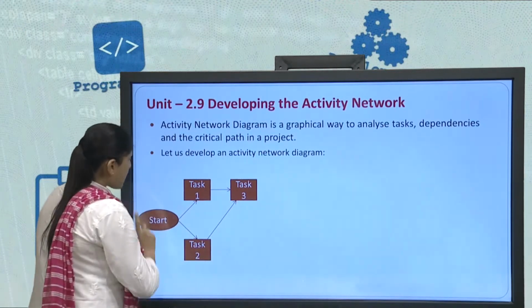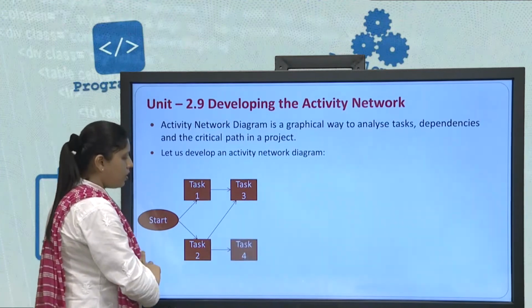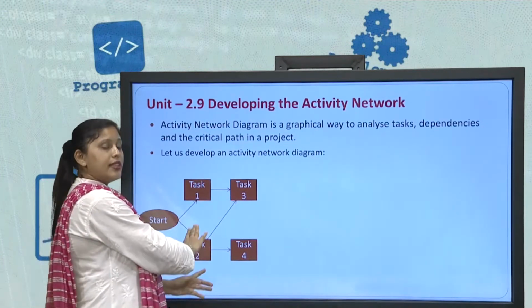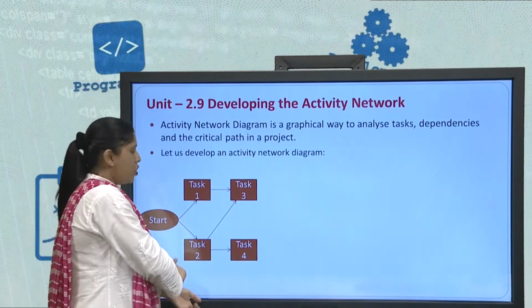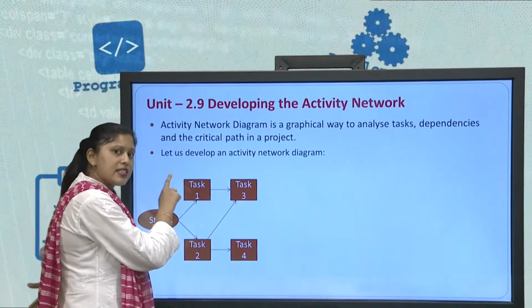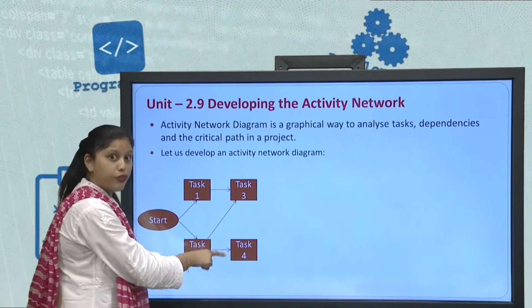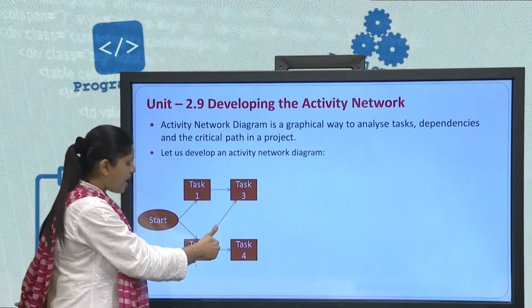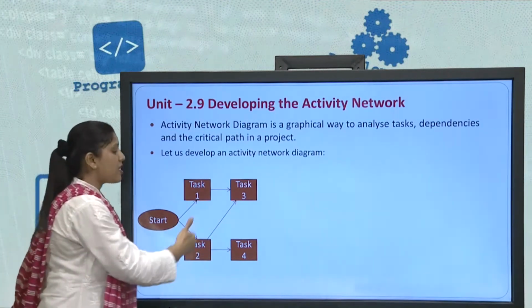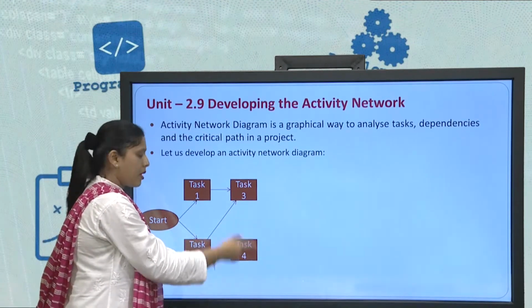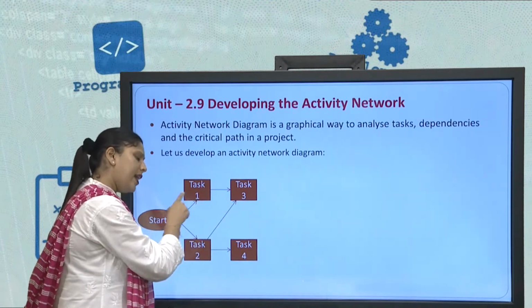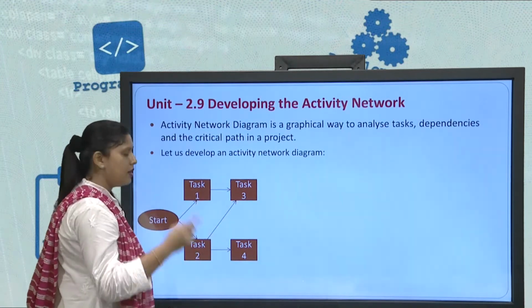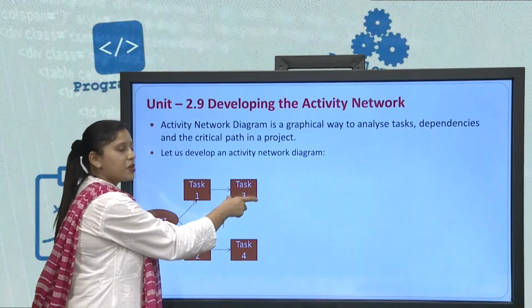But there is another task, task 4, which actually starts after the completion of task 2. So if my task 1 is remaining, it doesn't mean that I cannot start with my task 4. Because my task 2 is completed, I can start with my task 4. But only if I complete task 1 and task 2 together can I commence with my task 3.